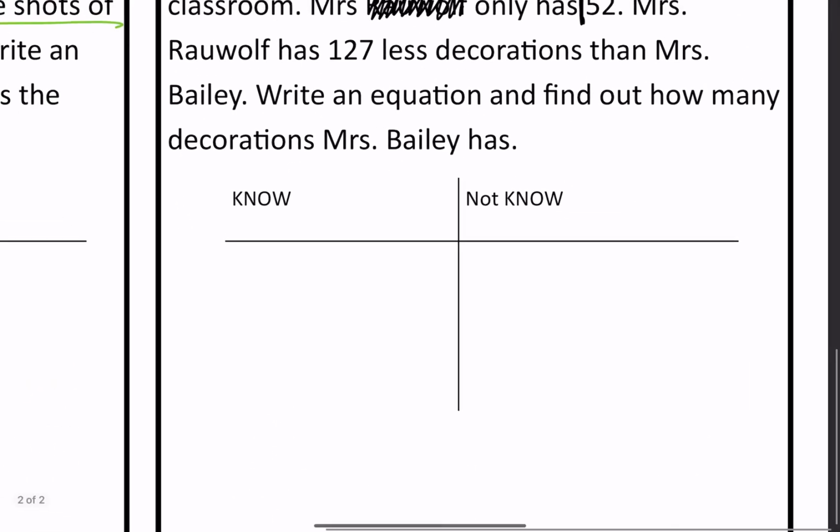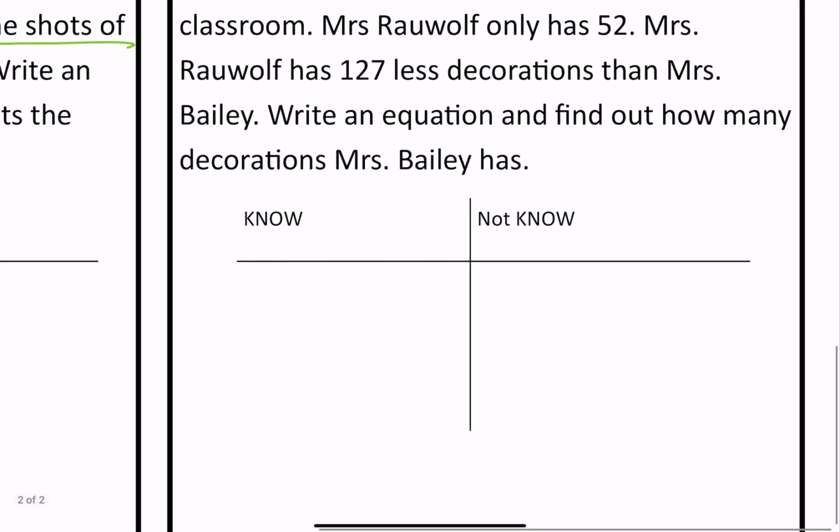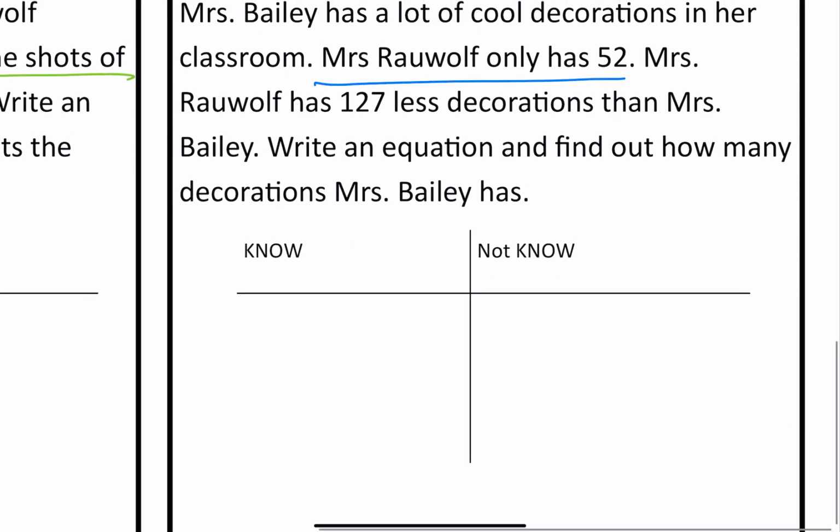All right, last one. Ms. Bailey has a lot of cool decorations in her classroom. However, Miss Rawolf only has 52. And Miss Rawolf has 127 less decorations than Miss Bailey. We're going to write an equation to find out how many decorations Miss Bailey's got. So right now we know Rawolf only has 52.